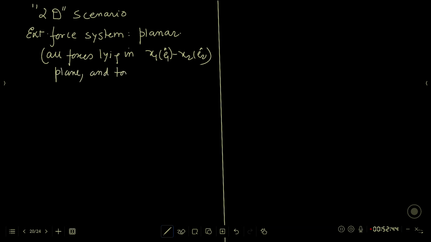So if you have an RB where the external force system is planar, you have three non-trivial equations relating the forces.